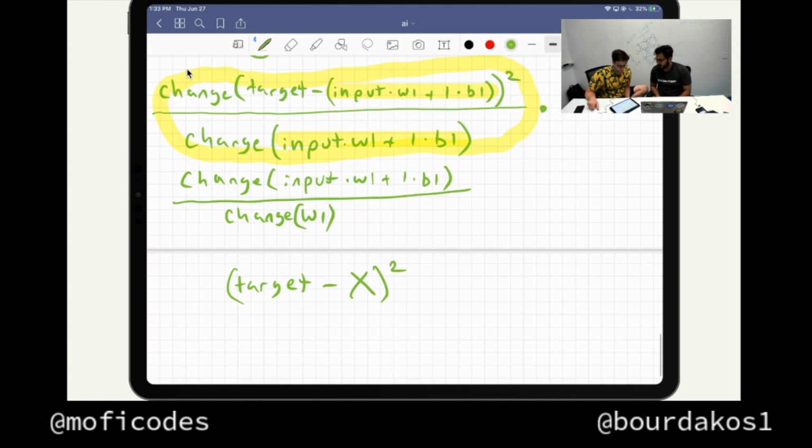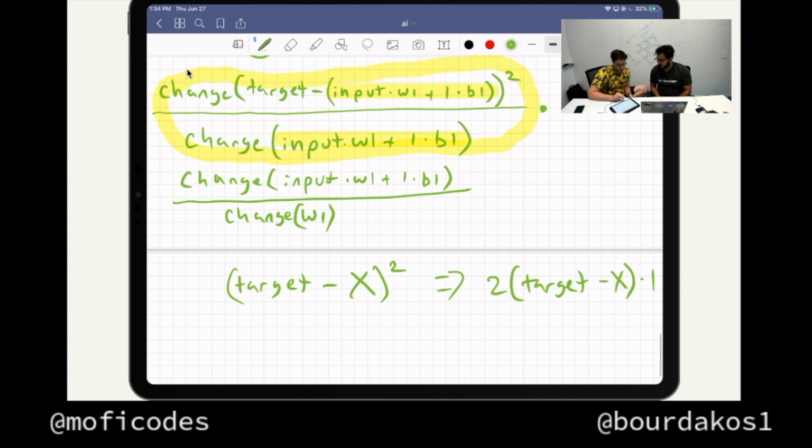Right. Okay. And then if we take the derivative of that, we get 2 times the target minus x. And then we need to multiply it by 1, because if you are familiar with derivatives, you multiply it by 2, and the power becomes 1.